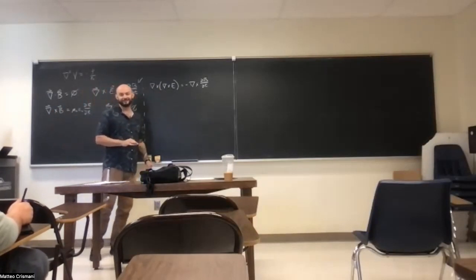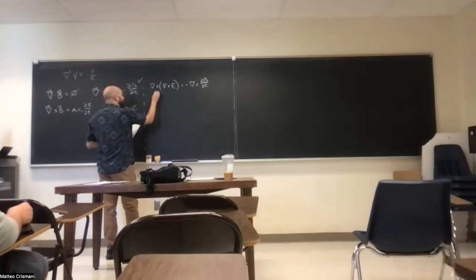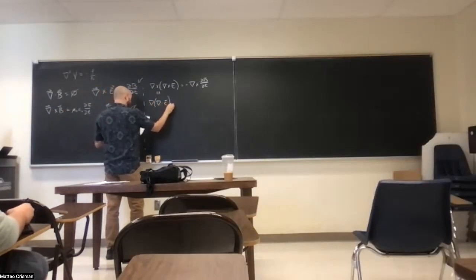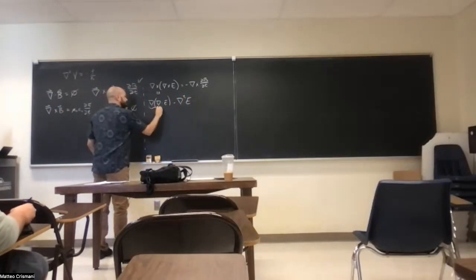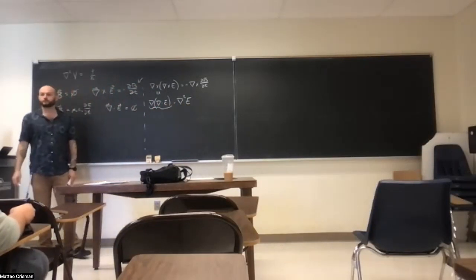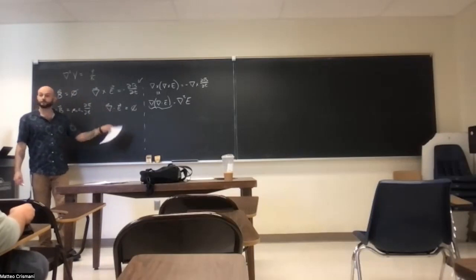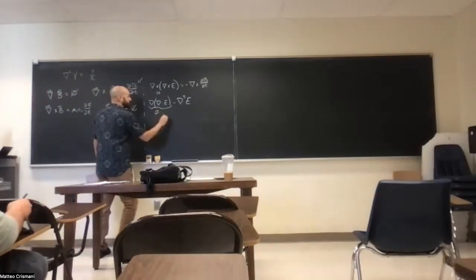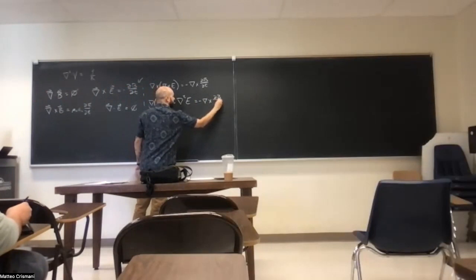In fact, the identity here is identically equal to the gradient of del dot E, minus del squared E. And what's this? Zero. Why is it zero? Because we already wrote that down. So that's just this, and that's just minus del cross dB/dt.